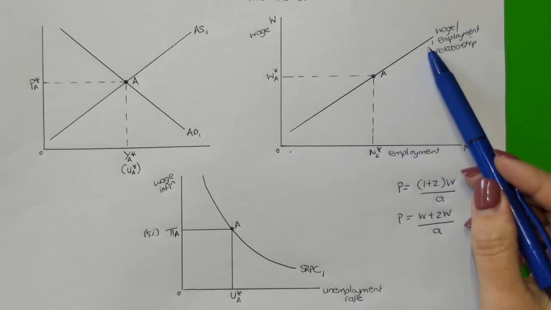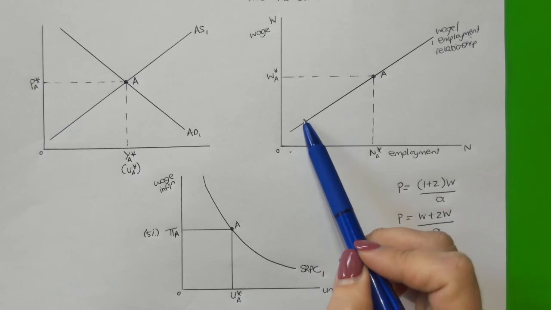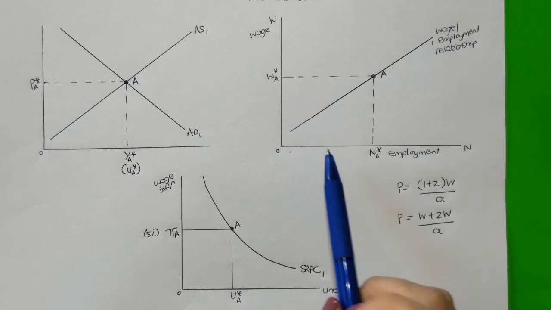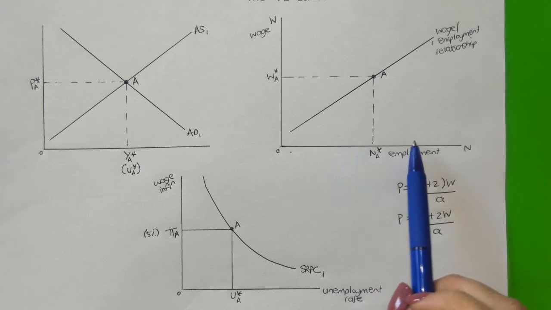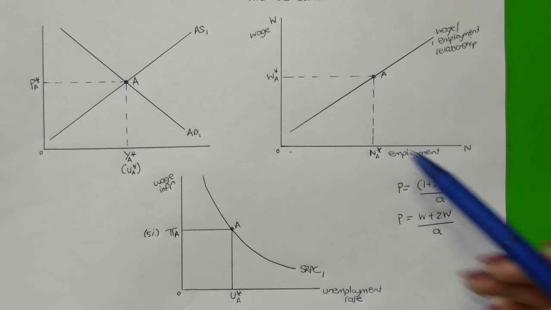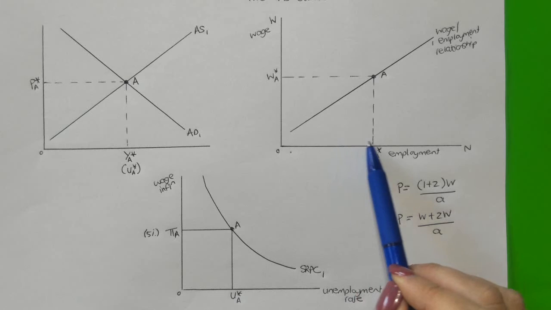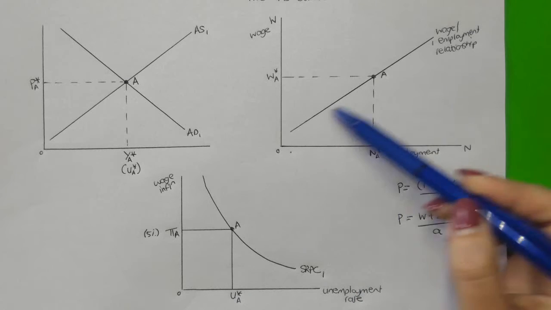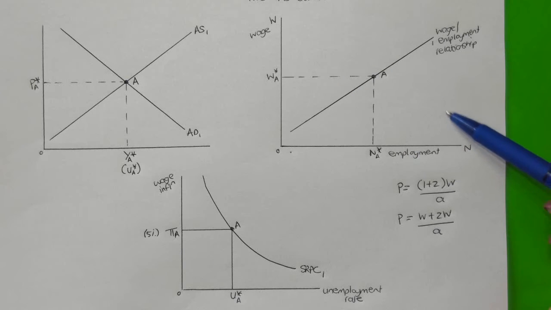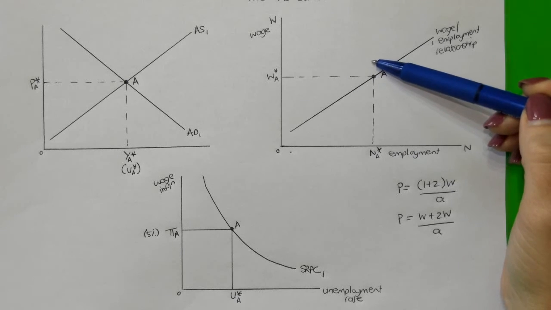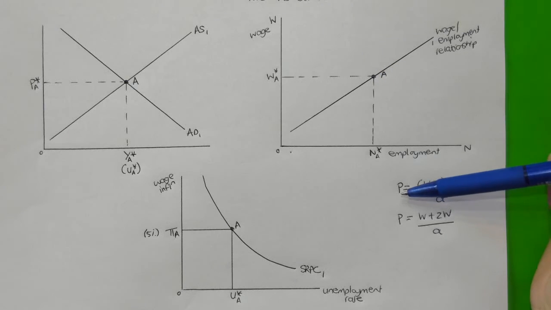It's a positive relationship because more people are willing to supply their labor to the market the higher the wage rate is, and therefore as the wage rate increases, it becomes easier for firms to employ people because there are more people supplying their labor, and so the number of people employed will increase. So the way to think about this is that there's a positive relationship between wages and employment. As the wage rate increases, the number of people who would want to work increases.